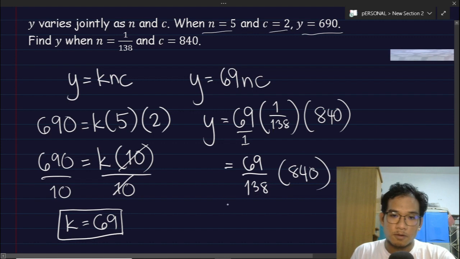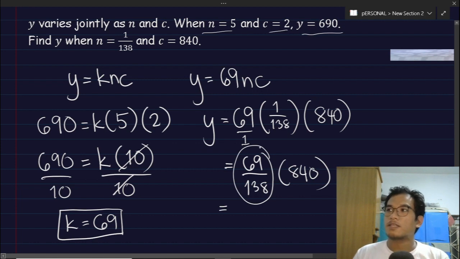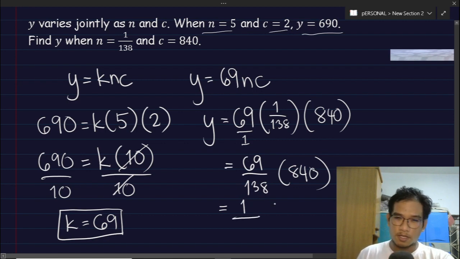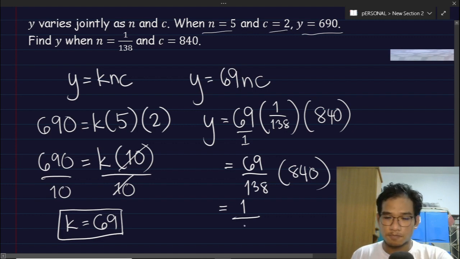Okay, so we can simplify this fraction. Hanapin natin yung common factor nila. You can check, but both of them can be divided by 69. So 69 divided by 69 is 1, and 138 divided by 69 is 2. So the simplest form of this fraction is 1/2.